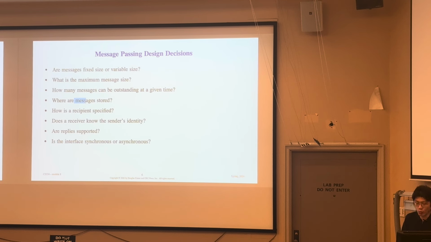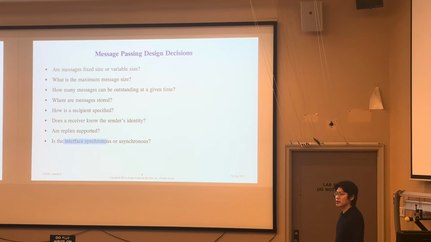Where are the messages stored? How is the recipient specified? Does the receiver know the sender's identity? Is reply supported? Is the interface synchronous or asynchronous? These are all critical decisions that will impact the semantics and the performance of a message passing facility.